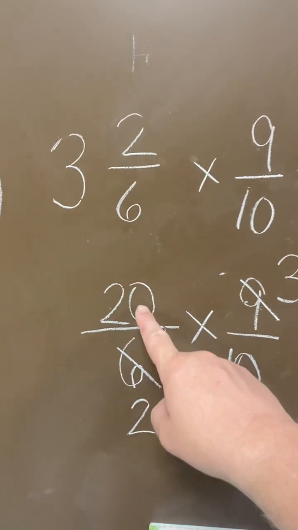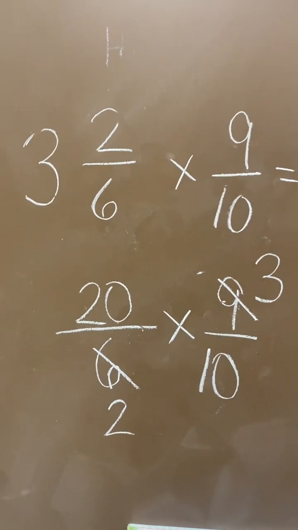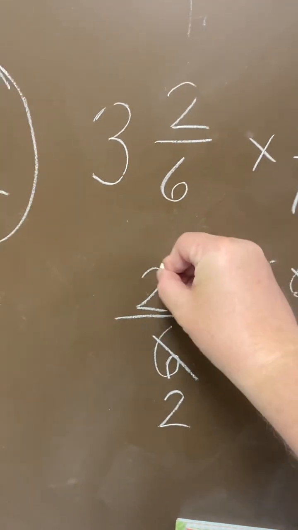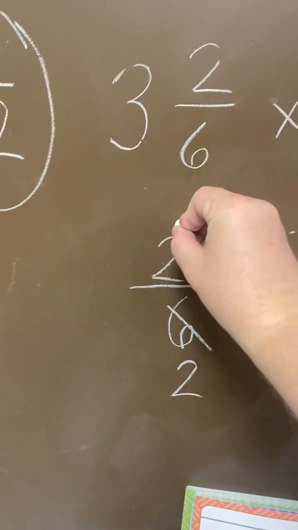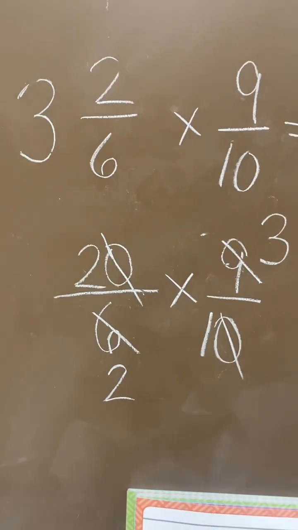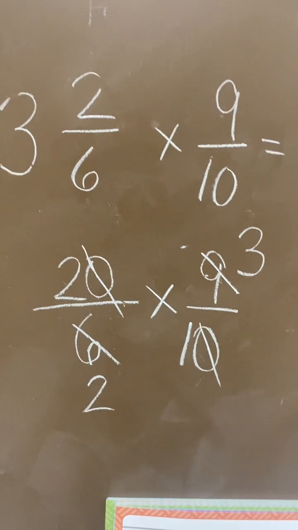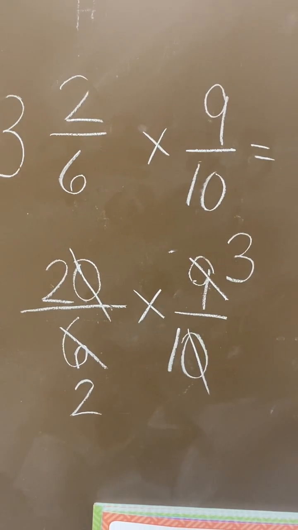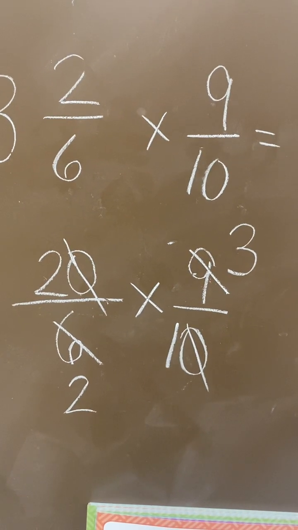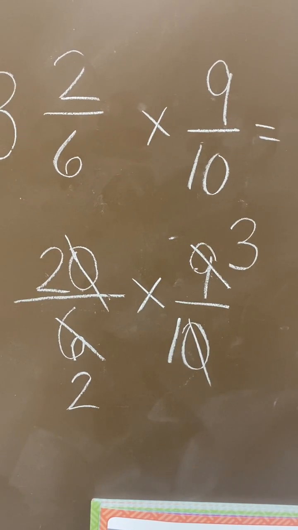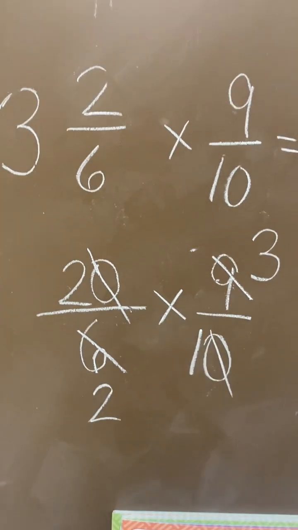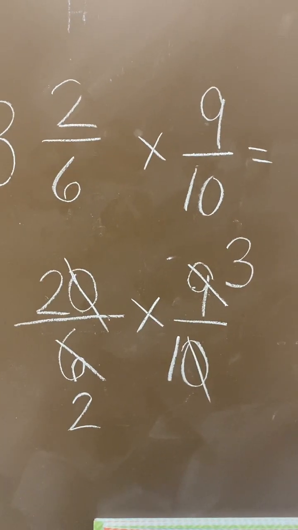If both of these numbers end in a 0, just knock off the zeros. Now it's just a 2 here and a 1 here. And we've already condensed them, reduced them, simplified them. There we go. We can just start multiplying. If you ever see that, then just knock off the zeros.